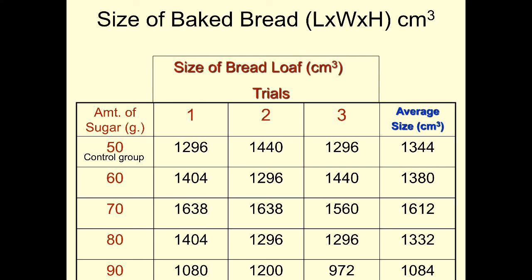You can see now he's gone from 50 to 90. And the size again is on the right here. You can see that it appears as though 70 is meaningfully better than any other amount of sugar for the size of the bread.